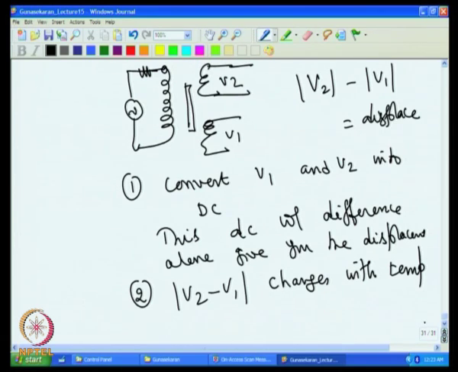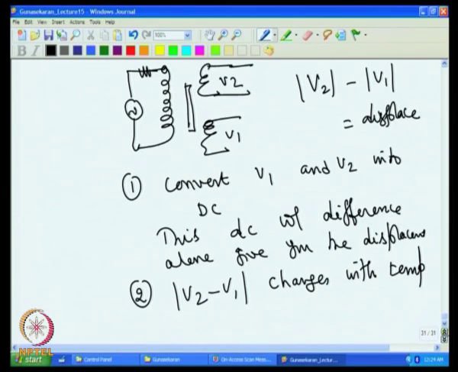So, these two problems are to be solved if it is to be practically used for displacement measurement. Now, let us see how to tackle first the temperature. Because of temperature change, we are losing some voltage on the resistance. We have to make V2 minus V1 independent of temperature change, and only then is displacement measurement possible.